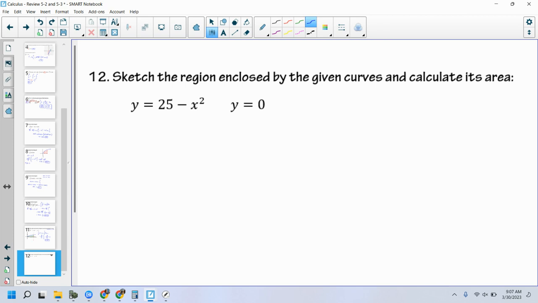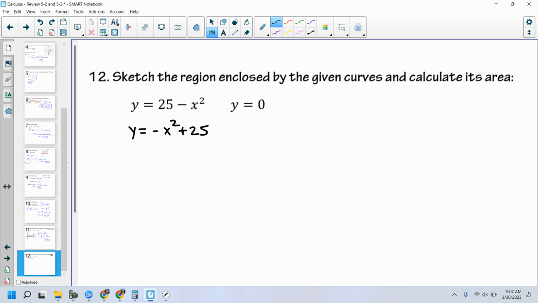All righty, last one here. We sketch the region enclosed by the curves. We have y equals 0, that's my horizontal axis. But then I've got this 25 minus x squared. That's a parabola, it's quadratic. If you wanted to rewrite it, y is equal to negative x squared plus 25.